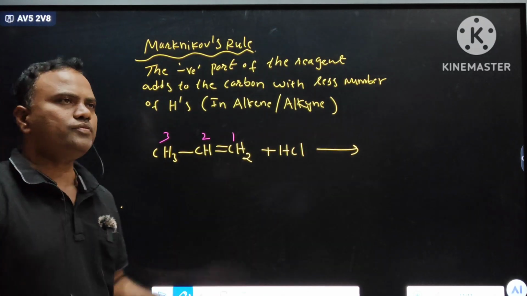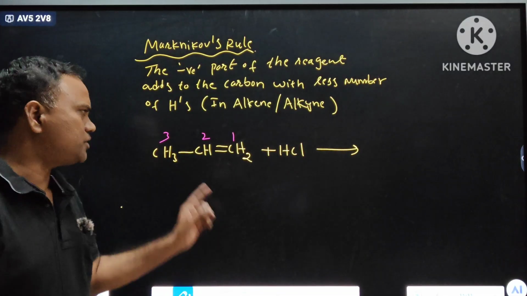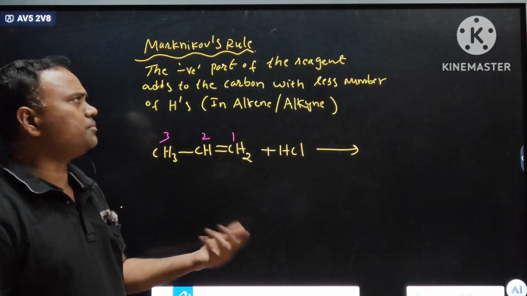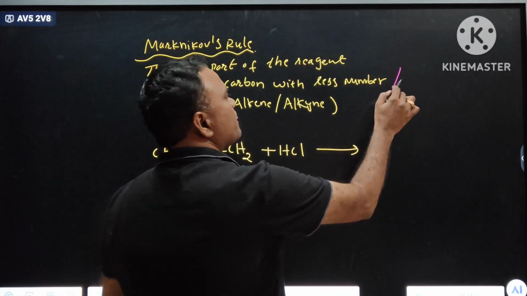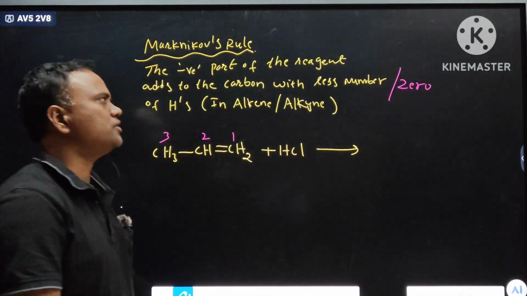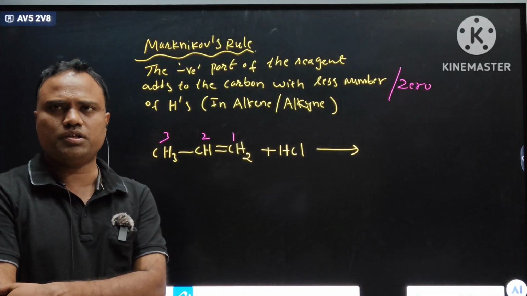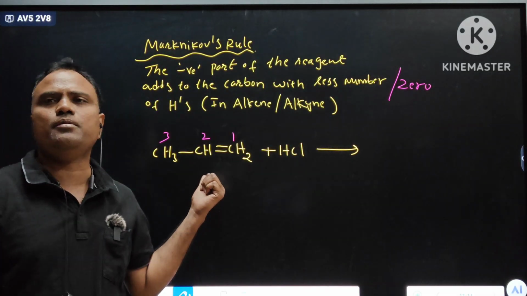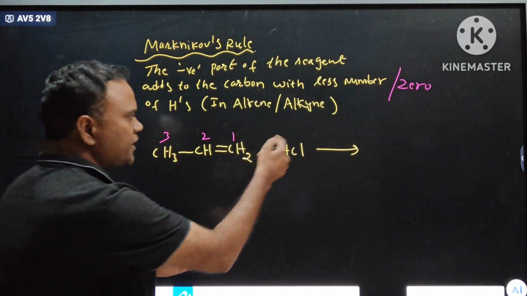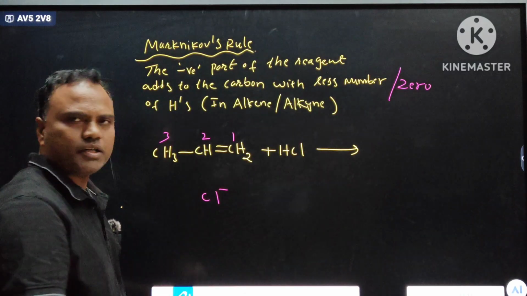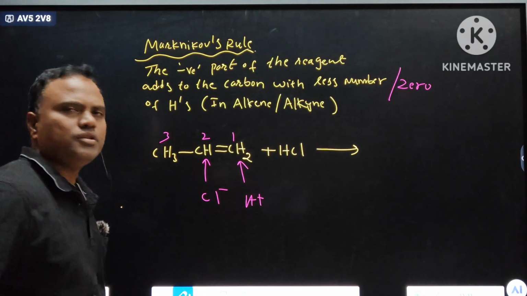Between these two, first and second, which carbon is having fewer hydrogens? The second carbon. The negative part of the reagent always adds to the carbon with fewer or 0 hydrogens. This one has 1 hydrogen; the first carbon has 2 hydrogens. So the negative part of HCl, Cl negative, adds to this one.